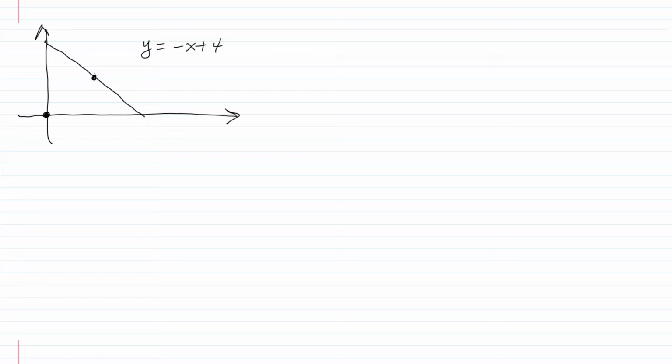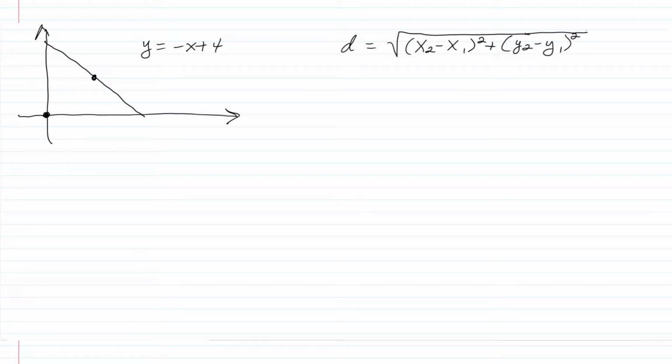So we need to use the distance formula. Well, you may recall that the distance formula said that we're going to take the square root of x2 minus x1 squared plus y2 minus y1 squared. Okay, so what are our 2 points? Well, the origin is the point 0, 0, and any given point on the line y equals negative x plus 4 will have the address x and negative x plus 4, because after all, y is what?